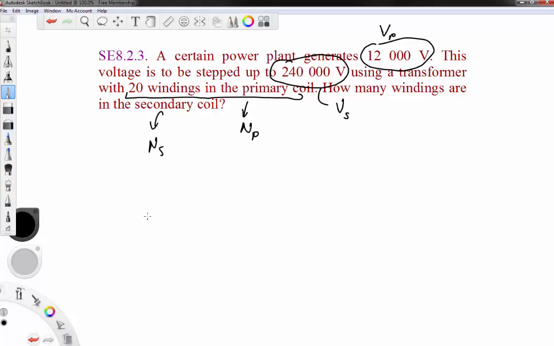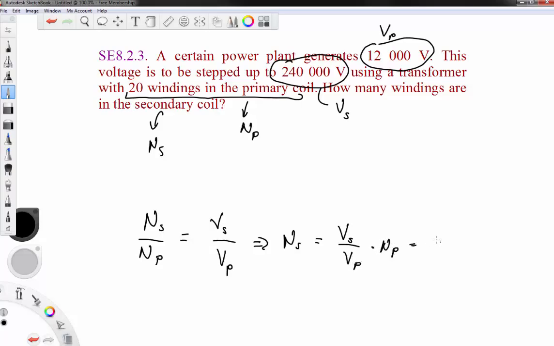Well, N sub S over N sub P, number of windings in the secondary over number in the primary, is voltage for the secondary over voltage for the primary. So the number of windings in the secondary is going to be this voltage ratio, secondary to primary, times the number in the primary.